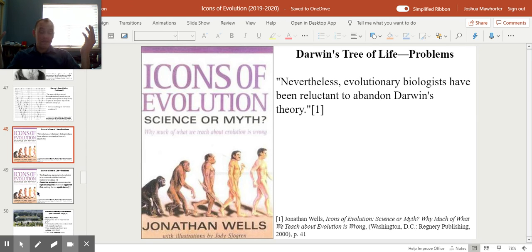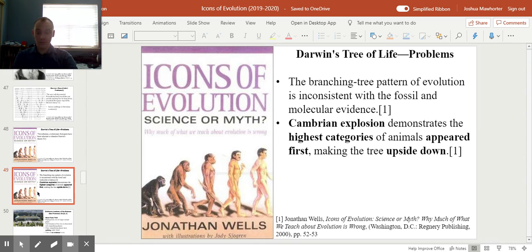But it also can't be that we just hold on to something that isn't true. And so many Darwinists are reluctant to abandon this aspect of Darwin's theory, so they keep holding on to it.